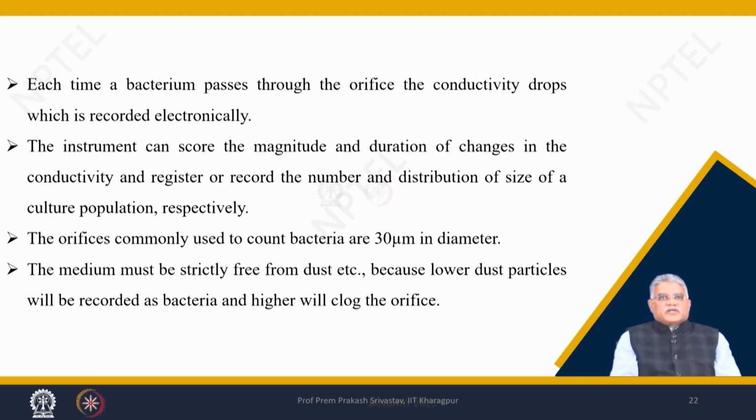Each time a bacterium passes through the orifice, the conductivity drops, which is recorded electronically. The instrument can score the magnitude and duration of changes in the conductivity and register the number and distribution of size of a culture population respectively.